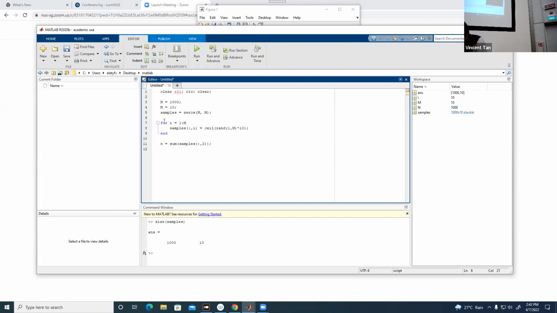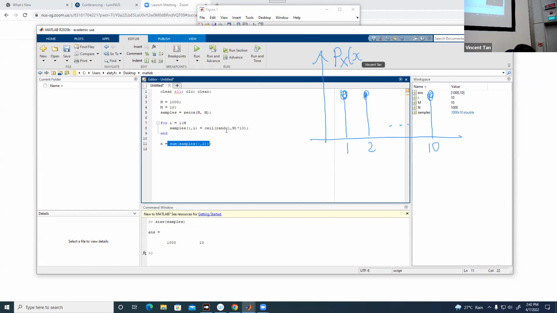Now I'm basically generating many of such vectors, and I am summing them up across the second component. Initially I have the PMF given by, as I mentioned, 1, 2, up to 10. Okay, that was a PMF or P, say X of X here.